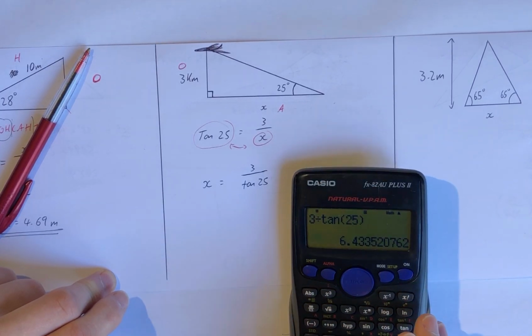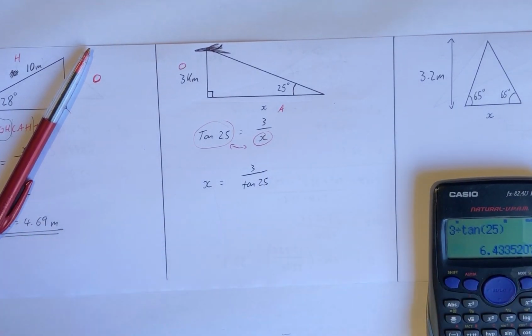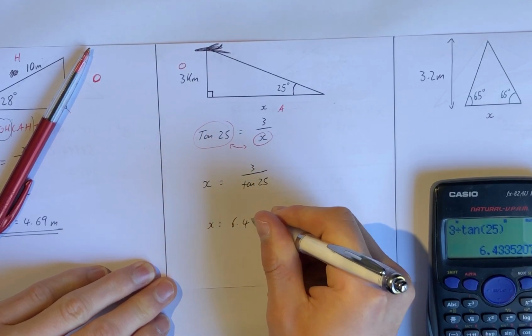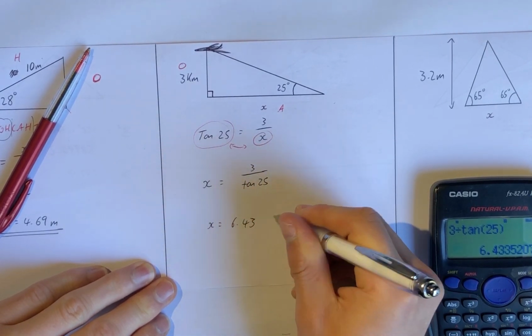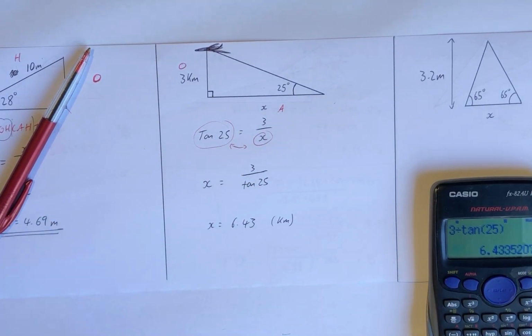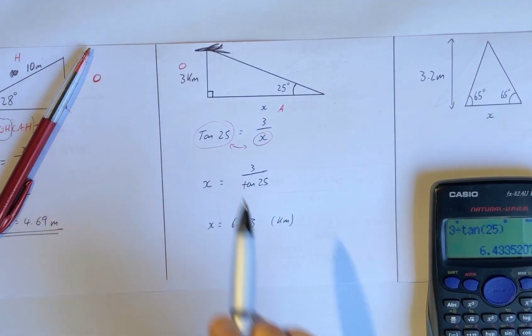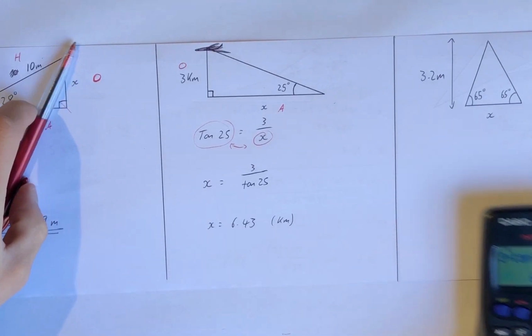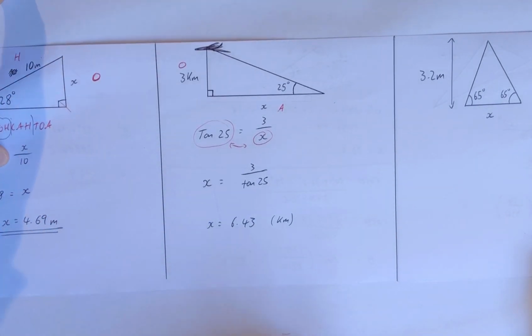What do we got? 6.43. So x equals 6.43, and the units there are kilometers. Okay, so if the plane took off at 25 degrees, when it's 3 kilometers high in the sky, it would have traveled 6.43 kilometers across.